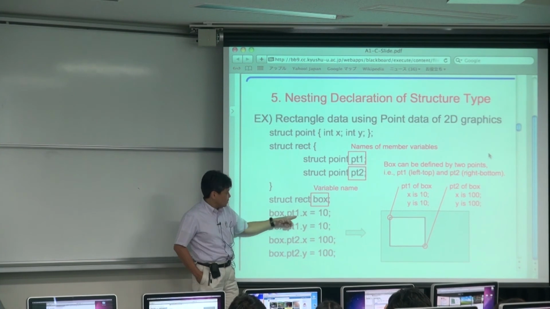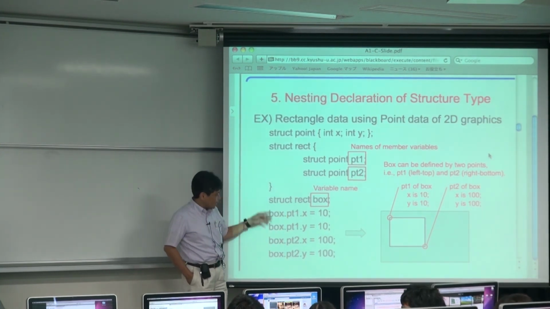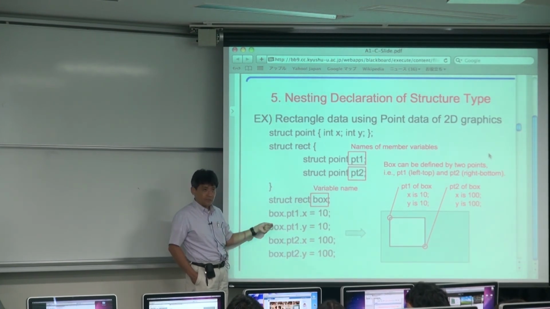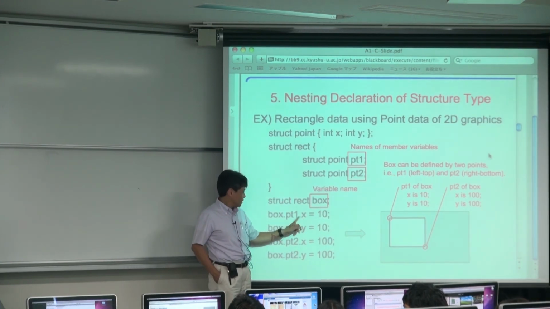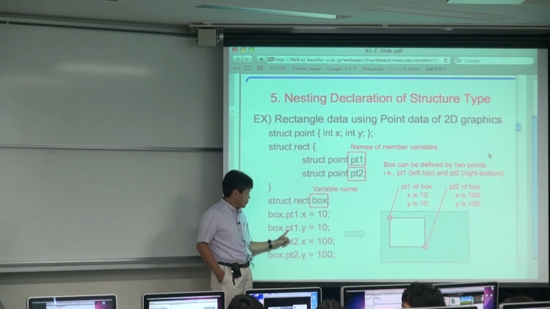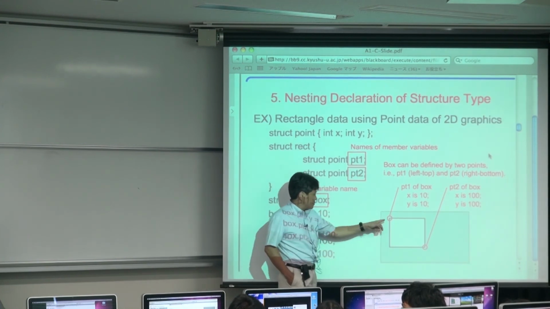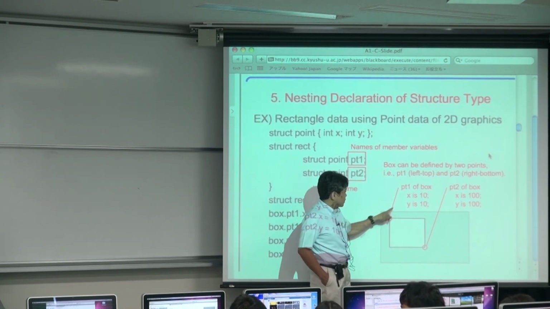The point also has the x and y member variables. So you can set the initial value by using this form, box.pt1.x and box.pt1.y. So pt1 corresponds to this point, and x and y are the x coordinate and y coordinate of this point. So the initial value is 10, 10.